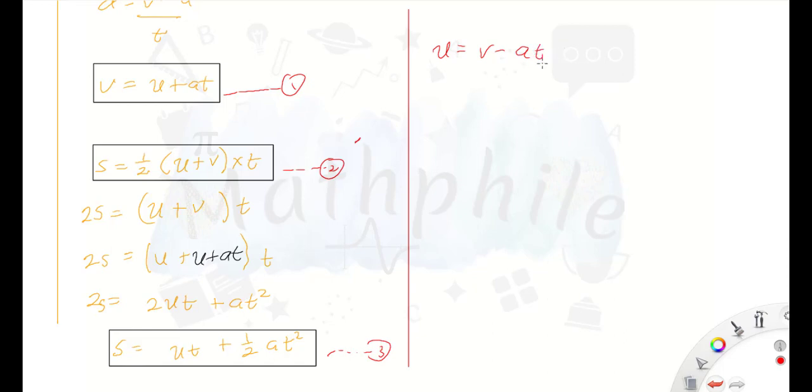So we're going to put this into equation two. From equation two, we've got s equals 1 over 2 (u plus v) multiplied by t. Now that u equals v minus at, I can write this as s equals 1 over 2 (v minus at plus v) all multiplied by t.